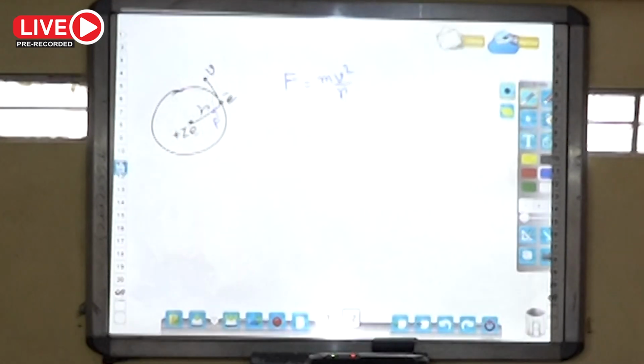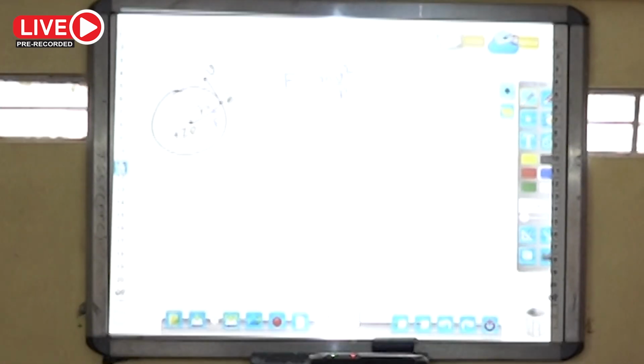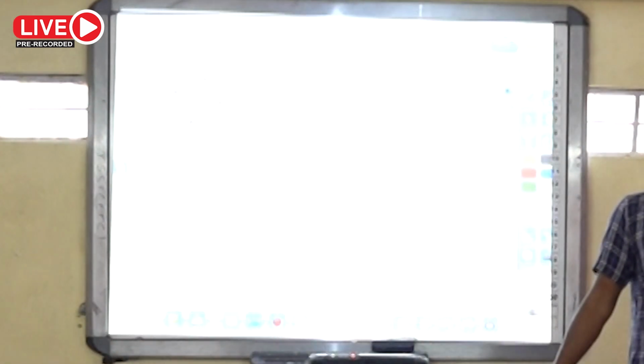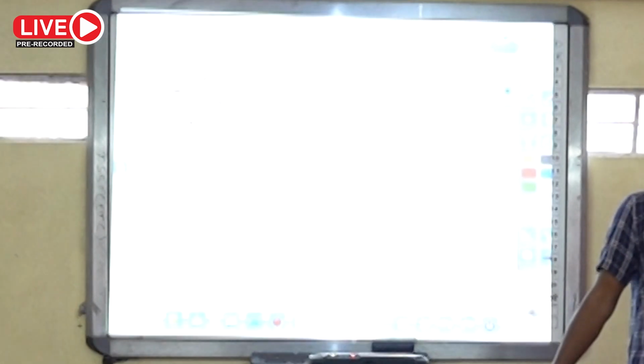We generally say that the force which is responsible for producing centripetal acceleration, we are eager to call centripetal force. That's why this force F is playing the role of centripetal force. Centripetal force is not a different force. The electrostatic force in this case is playing the role of centripetal force. So it is better to say no centripetal force. This electrostatic force will produce centripetal acceleration. Simply write force equal to mass into acceleration.